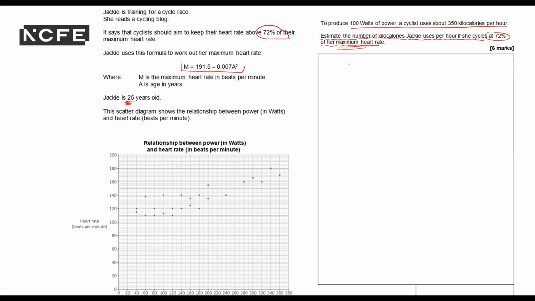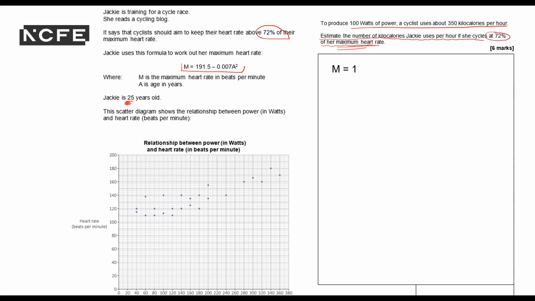So if we take this step by step, the first step I'm going to do is calculate her maximum heart rate. I can use a calculator, and it's simply a case of using the formula. And that way, even if that's all I do is put the number into this formula, then I will probably get at least one of those marks.